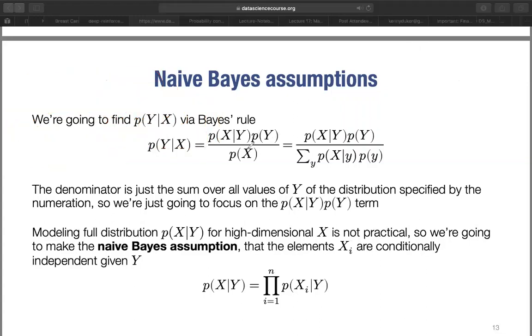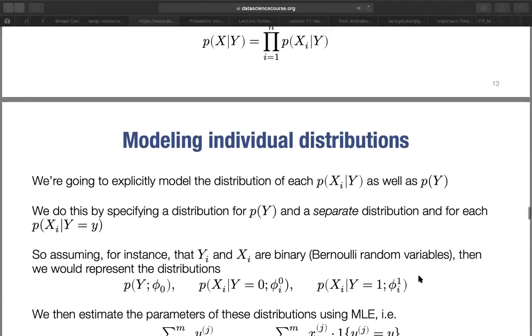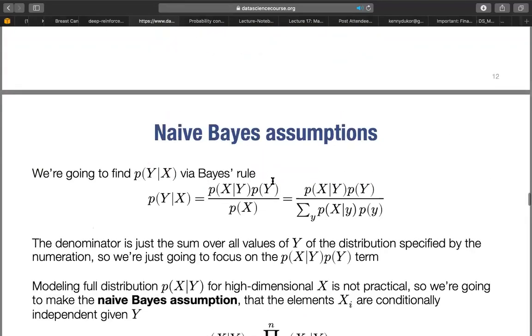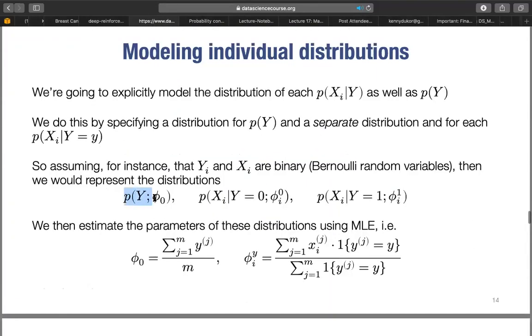Having that in mind, this equation will reduce to this. Here we are trying to describe what we have, representing this as the normal maximum likelihood estimation.